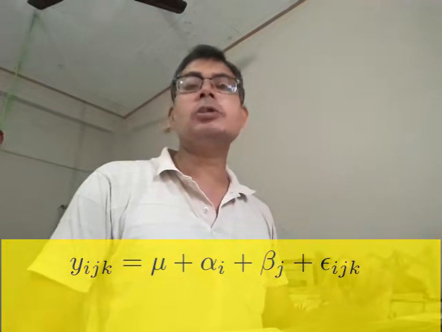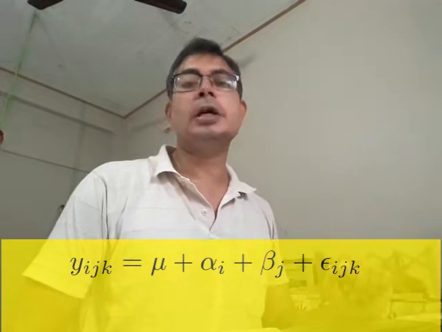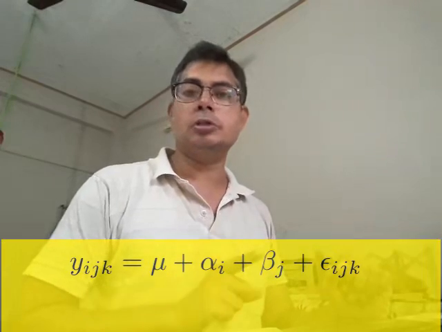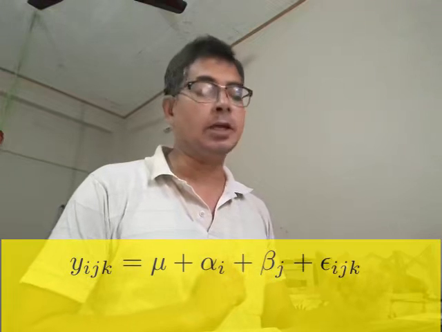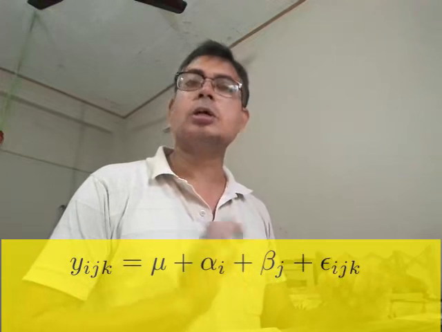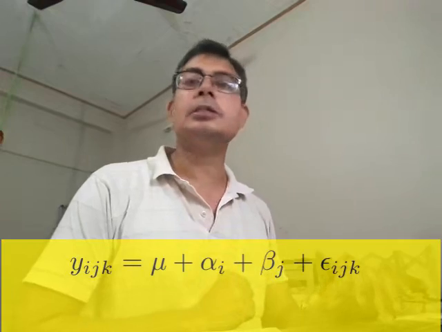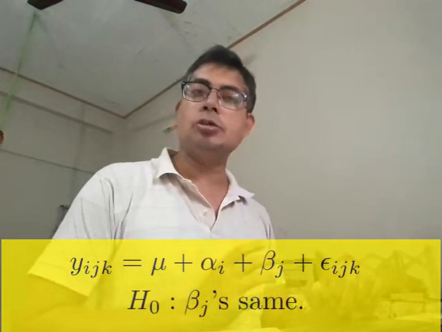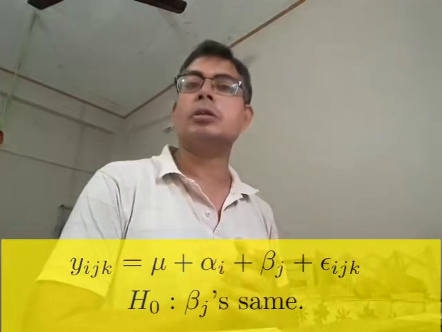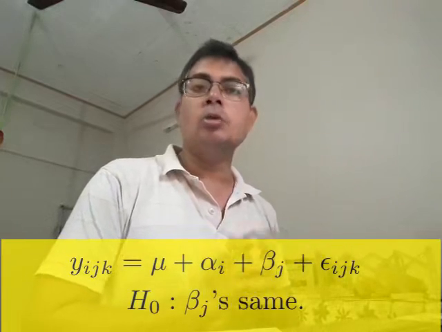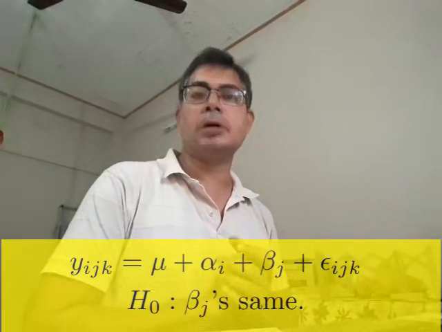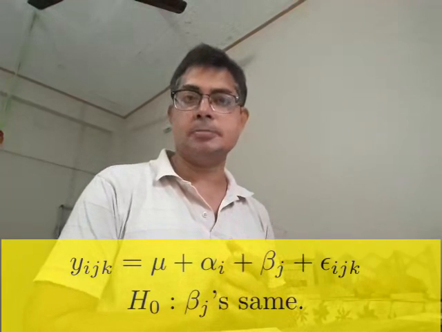Now suppose we are trying to test whether the input corresponding to the j index is significant or not. We shall couch this as the null hypothesis H0 where beta j's are all same. We have already seen how to perform such a test.